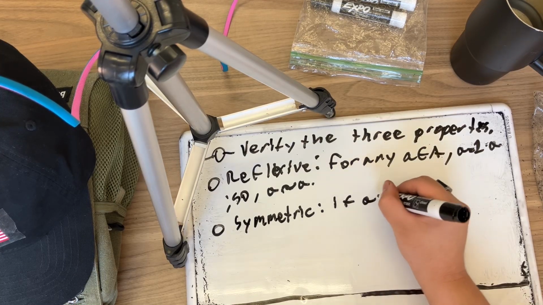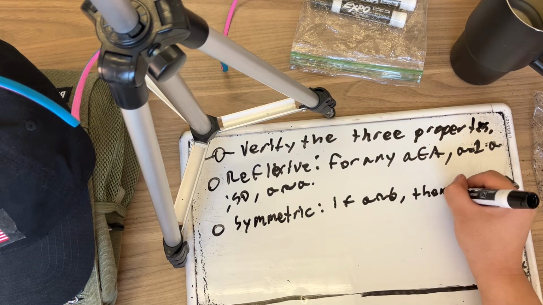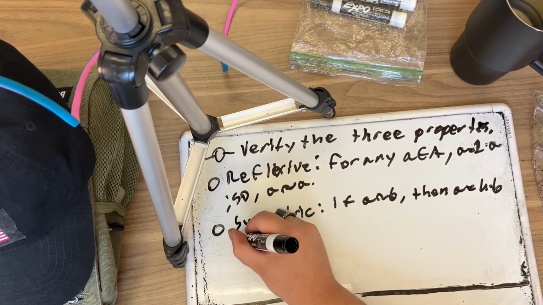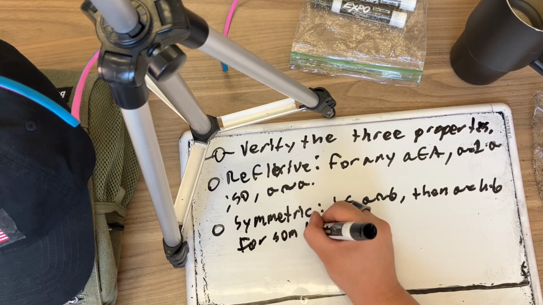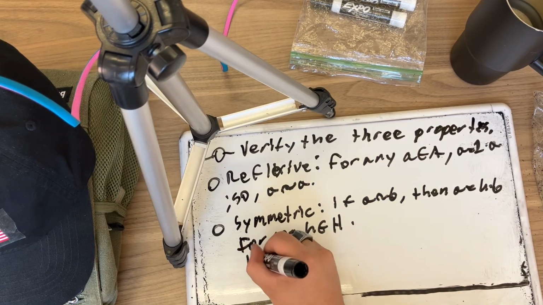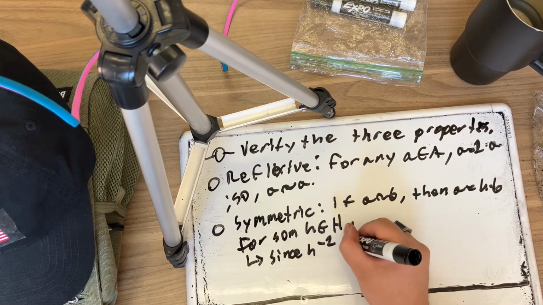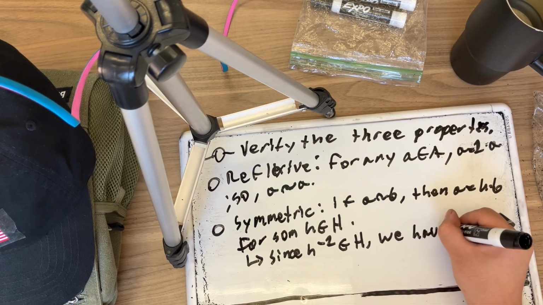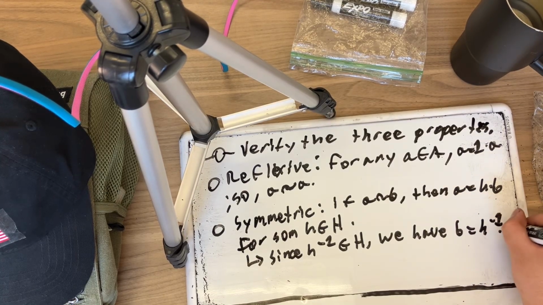If a tilde b, then a is equal to h dot b for some little h contained within big H. Now, since little h inverse is contained within H, we have b is equal to h to the negative 1 dot a.